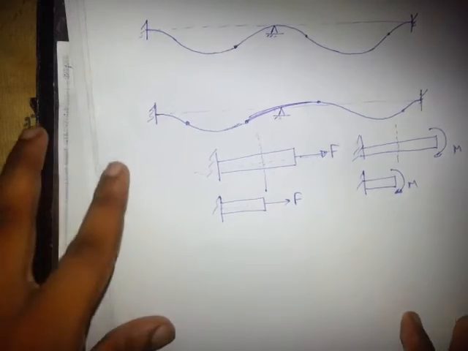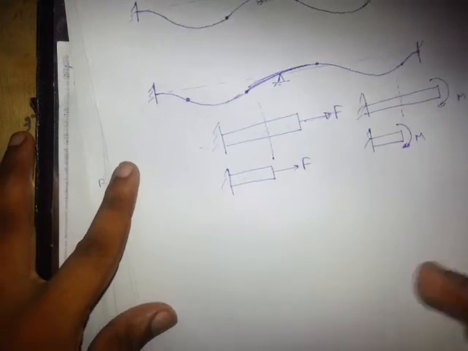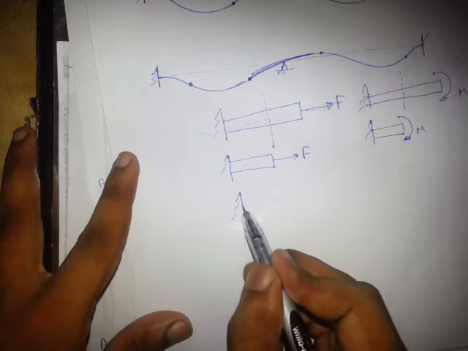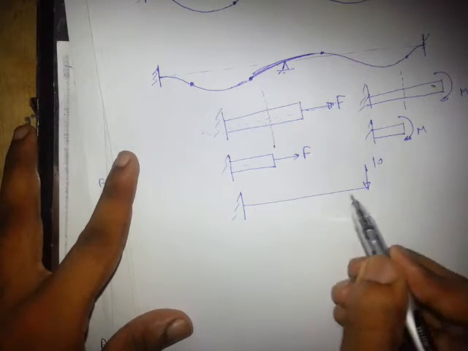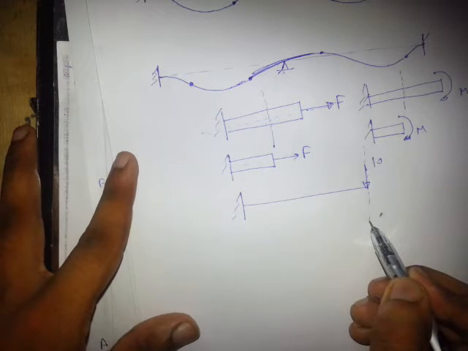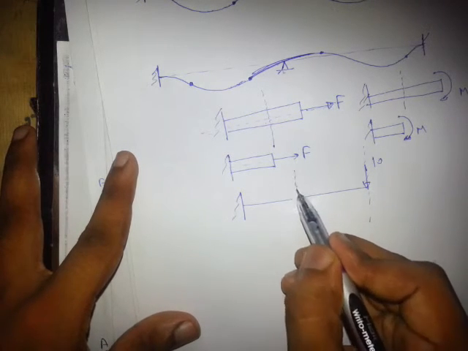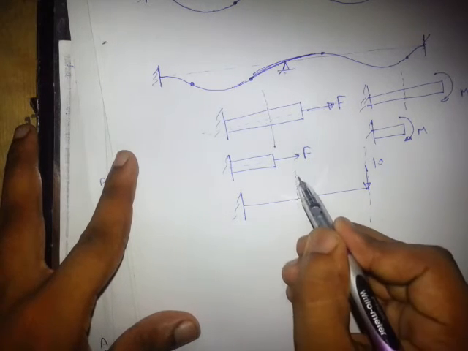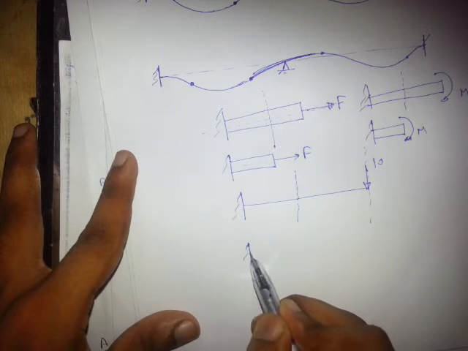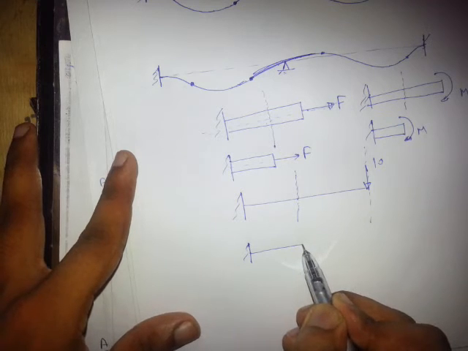But dear friends, if we transfer the load perpendicular to the line of action of load, now this is the line of action, I want to transfer this load here, I will say cut it, and write like this.